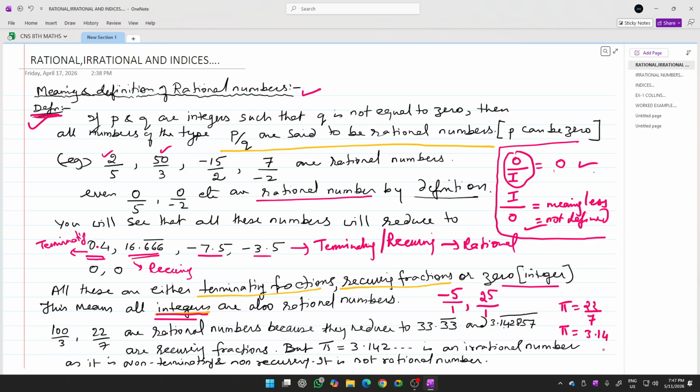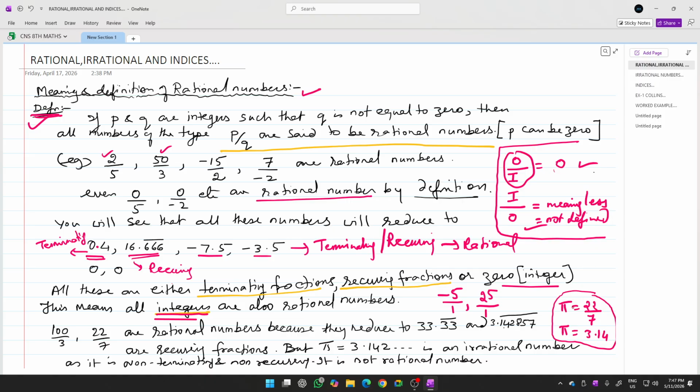Or 3.14. Here many students of your age have a little bit of confusion, so let me first clear that confusion. In school, in your 7th grade, in your 6th grade, you must have used the pi value as 22 upon 7. And sometimes they ask you to take the pi value as 3.14.